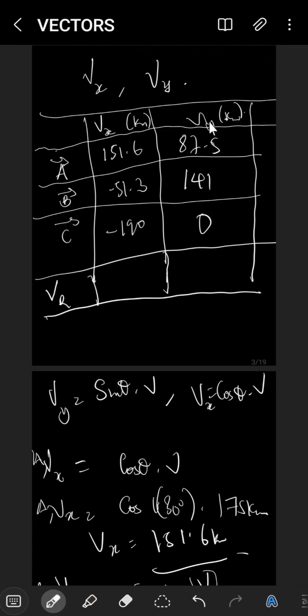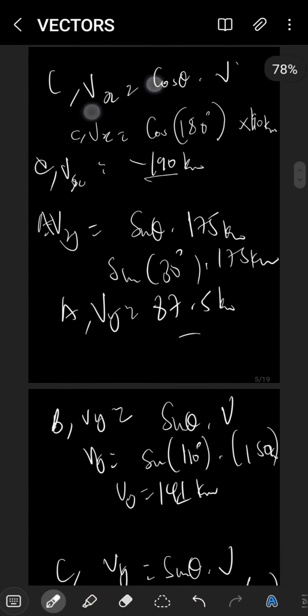So let's start with the x. 151.6 plus, open brackets, -51.3, close brackets, plus, open brackets, -190, close brackets. That is going to give you -89.7. All right, on the other end we have 87.5 plus 141 plus 0, that should give you 228.5. Okay, this is your x, this is your y.